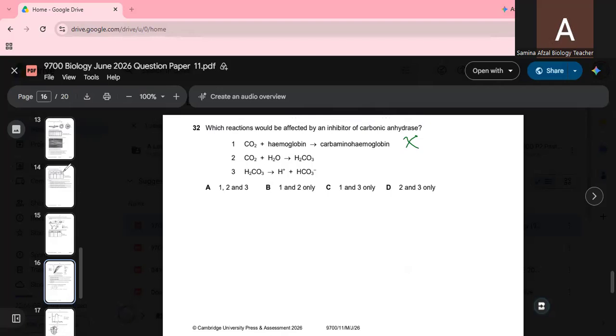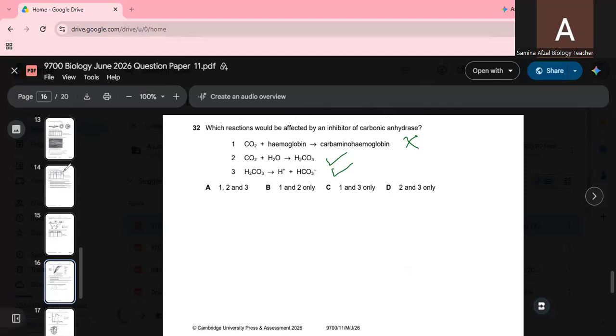So I would like to say that this reaction takes place. Now the reaction 3, this reaction is catalyzed by the enzyme carbonic anhydrase. So an inhibitor of carbonic anhydrase directly affects and slows this reaction. So these are the two reactions which are correct.